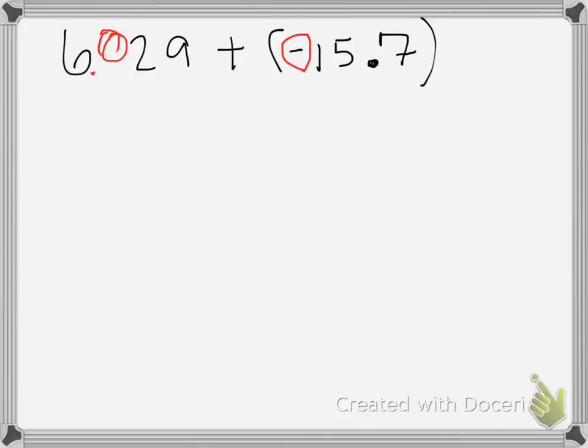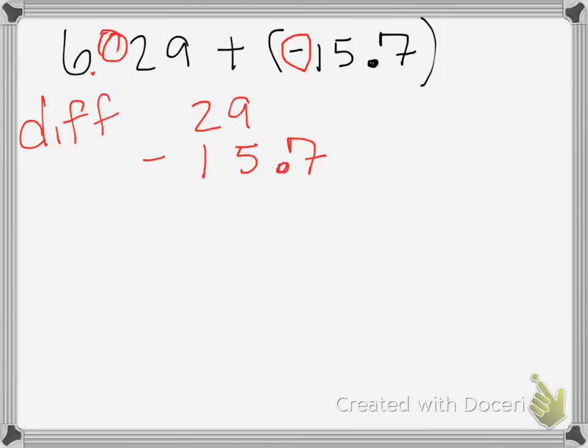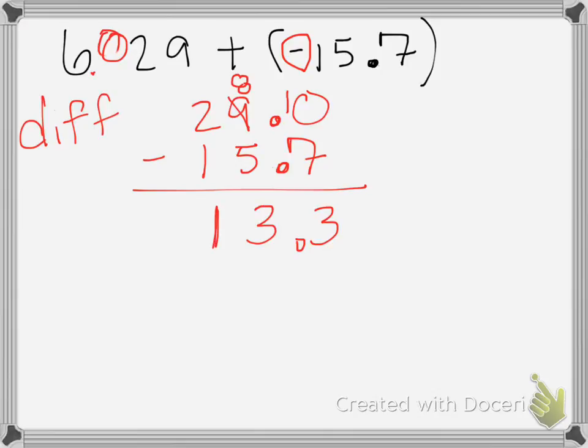We have a positive and a negative, which means they're different, so we need to subtract the two. We have 29 minus 15.70. Remember, the decimals need to line up. 29 doesn't have a decimal, so we're going to add a decimal. When we subtract those, we need to borrow from the 9. 10 minus 7 is 3. 8 minus 5 is 3. 2 minus 1 is 1. Then we keep the sign of the bigger number. In this case, that number is 29, so 13.3 is going to stay positive.